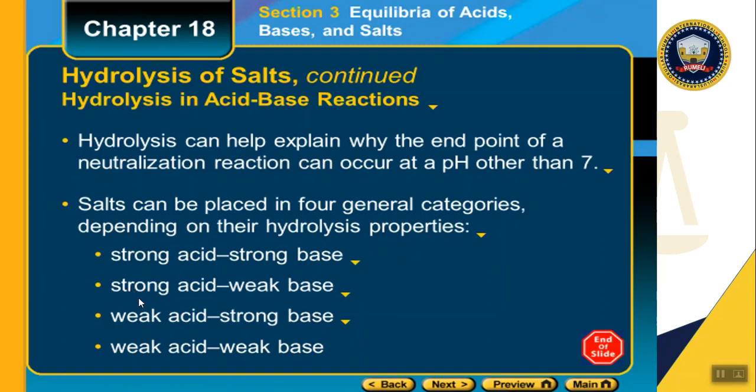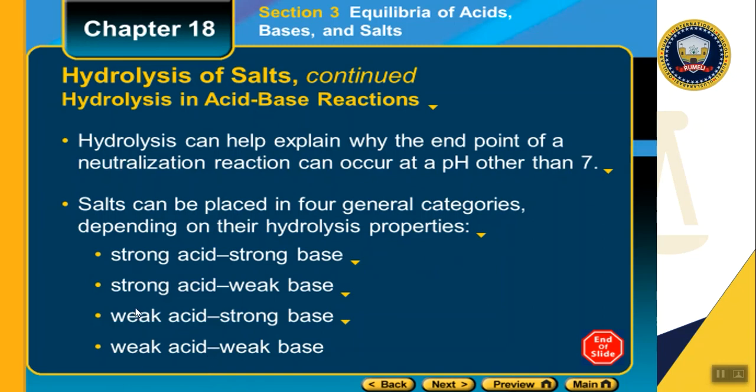If the salt comes from weak acid and weak base, the same like the first case. There is no change in the pH and the solution is neutral. That means there is no hydrolysis of the salt inside the solution.